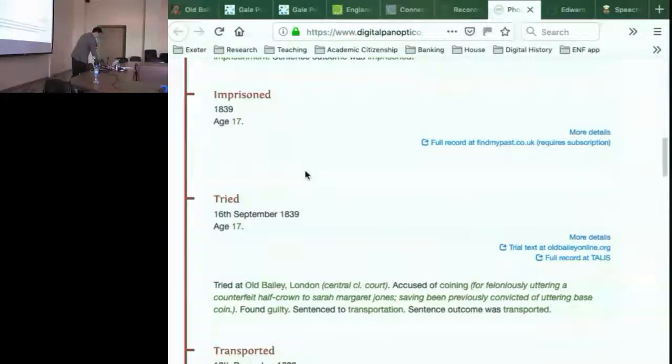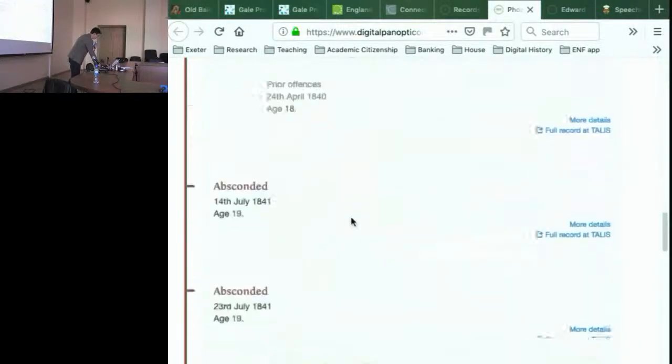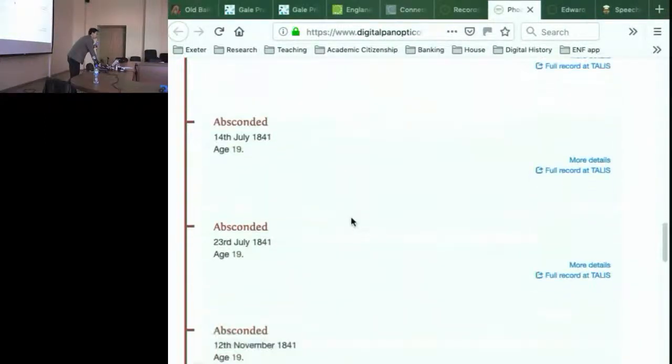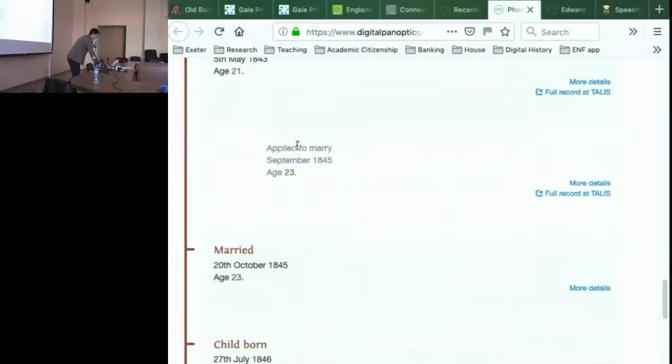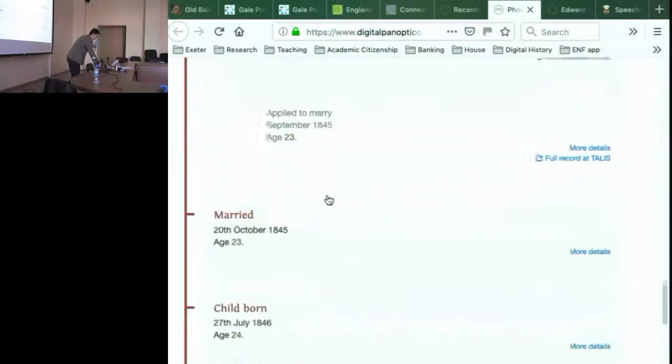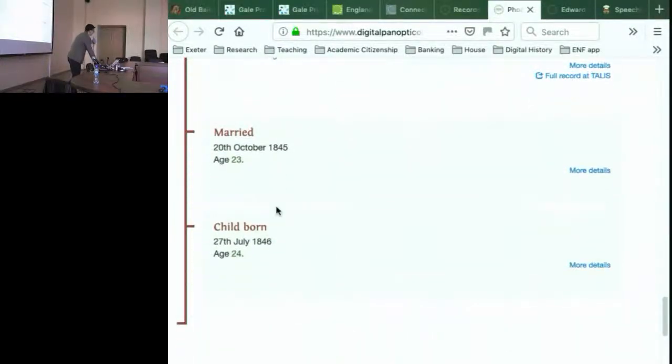She was tried again at the Old Bailey, again for a similar crime, and two strikes and you're out. She was transported to Australia, and at that point we know various bits about her. She absconded at various points, and then we have minor life events. So she applied to marry in 1845, and then she got married the following month in 1845. She has a child as well.